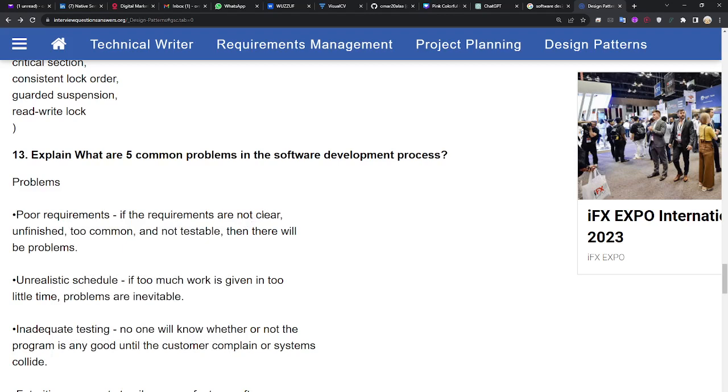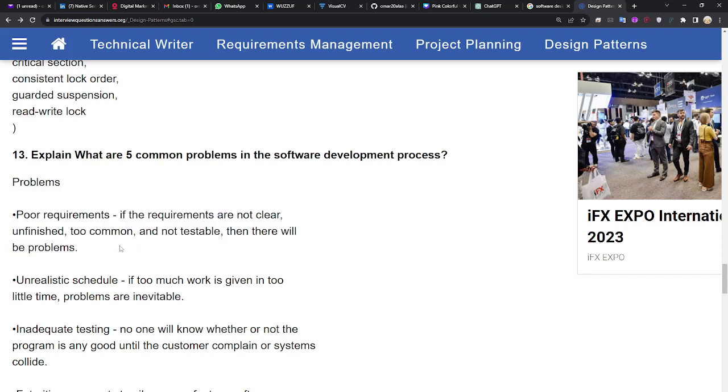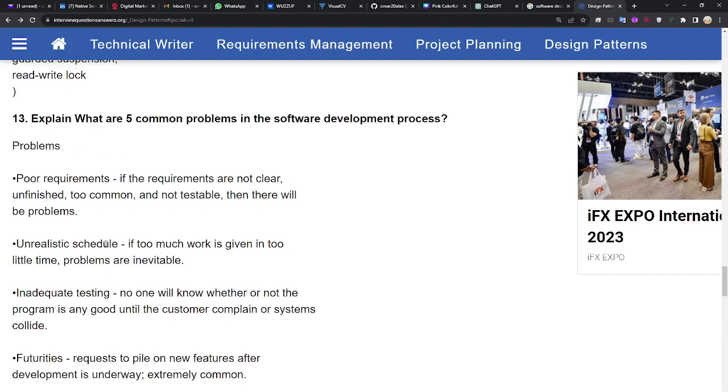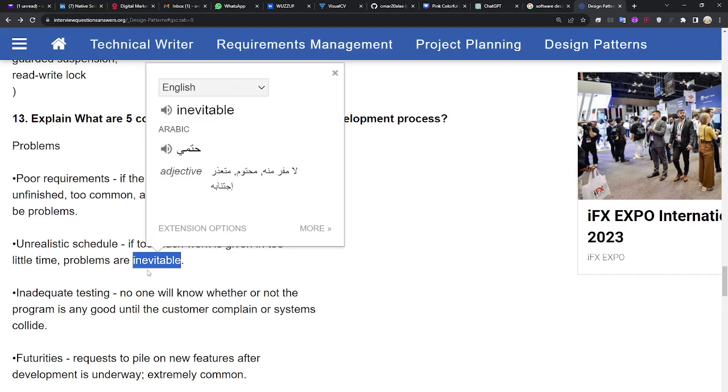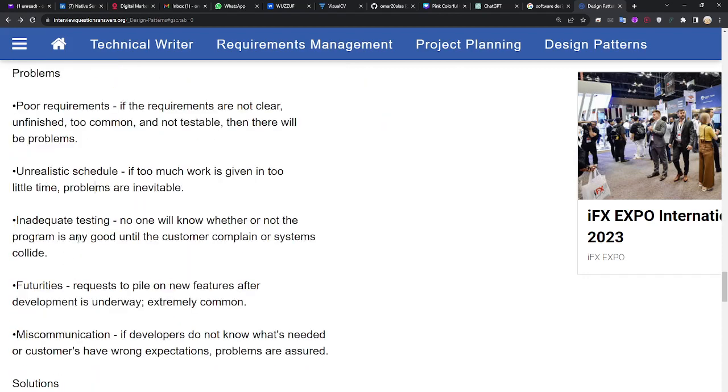If the requirements are not clear, unfinished, too common and not testable, then there will be problems. ال unrealistic schedule: if too much work is given in too little time, problems are inevitable. هتؤدي لمشاكل حتمية ان هم يحطوا وقت قليل لحاجة المفروض ان هي تاخد وقت كبير.